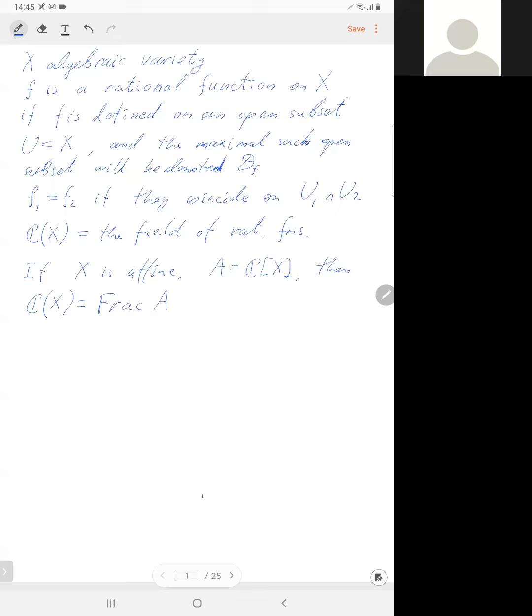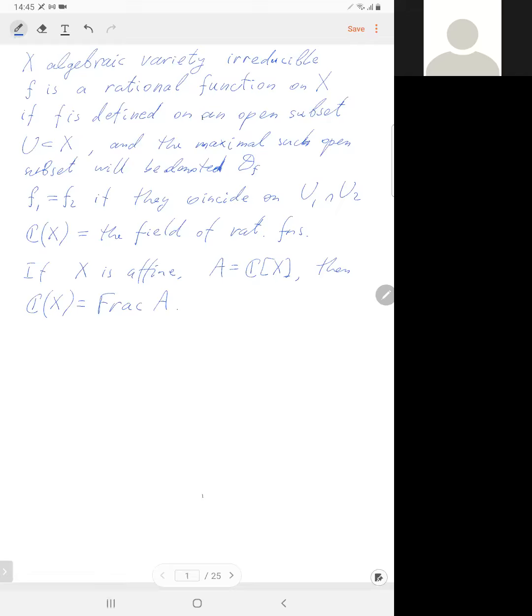By the way, what I said only had some meaning when X was supposed irreducible. So let me add this assumption. Otherwise, say on the coordinate cross, you can have two functions, one vanishing on the horizontal line, another on the vertical line, and their product will be totally zero.